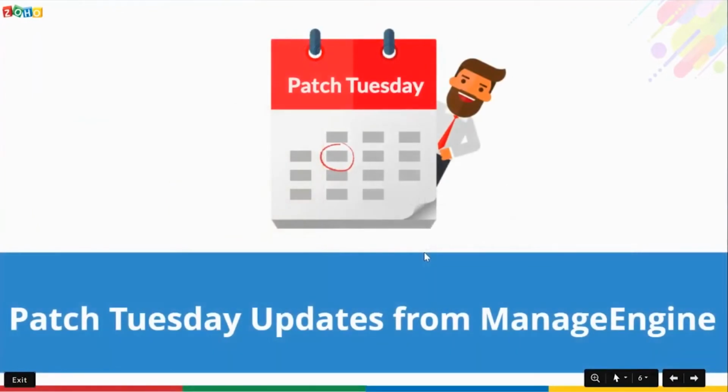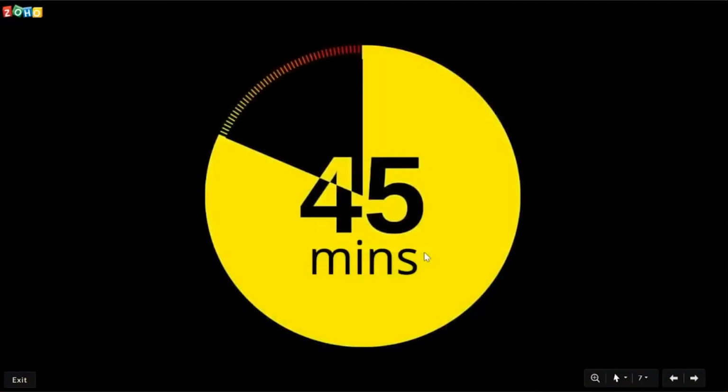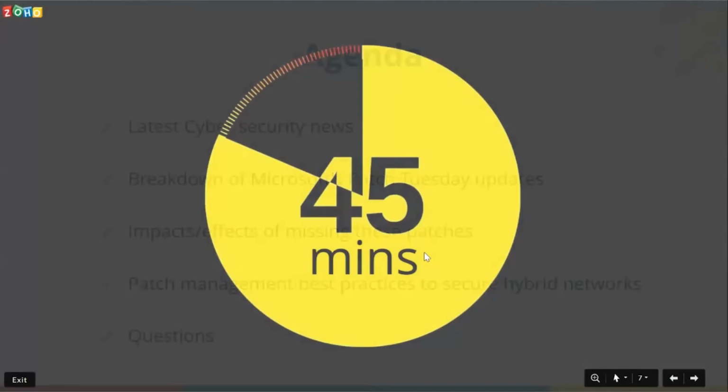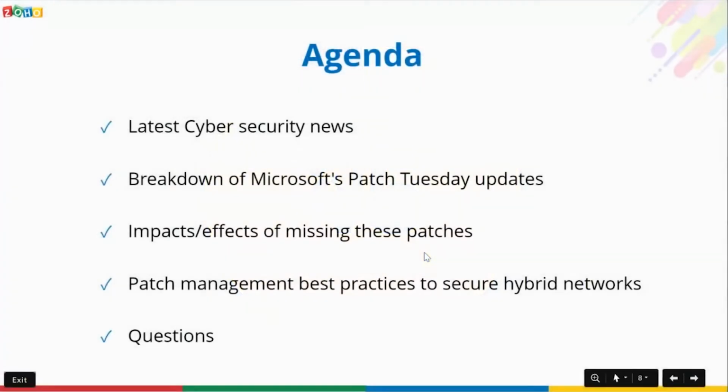In today's session, we will focus on this month's Patch Tuesday updates along with the ways to handle them. This is going to be a quick 45-minute session wherein we'll be discussing in brief about the rising cybercrimes and the news that made it to the headlines.